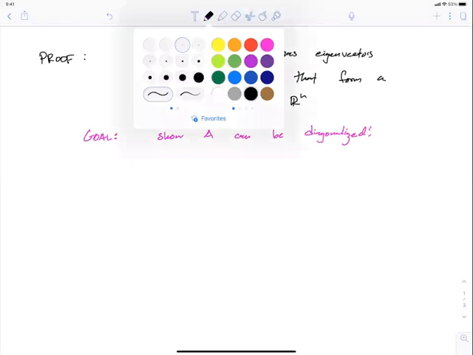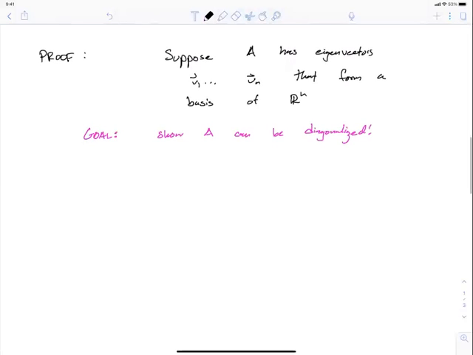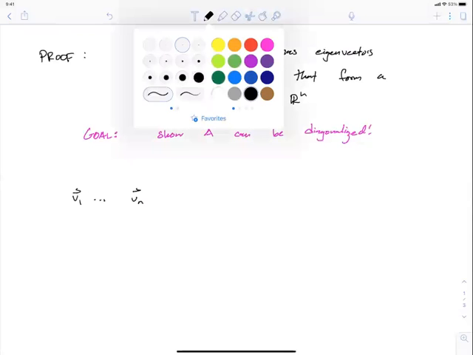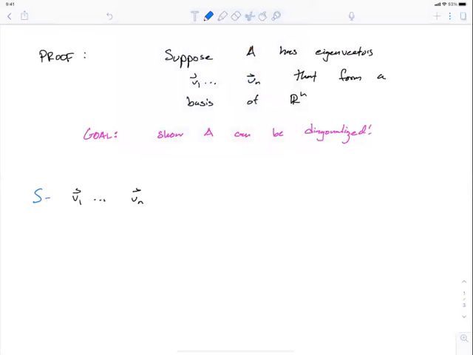All right, so let's just start with it. We have the vectors v1 through vn. What we're going to do is call S this matrix. So S is equal to this matrix. Now, we want to show that A is diagonalizable, so we don't actually know that there's a diagonal here.